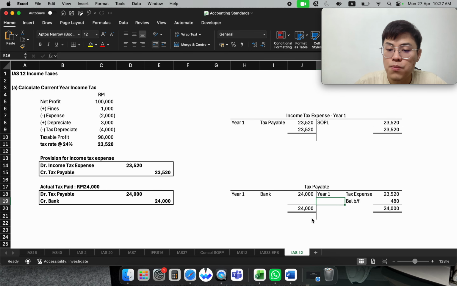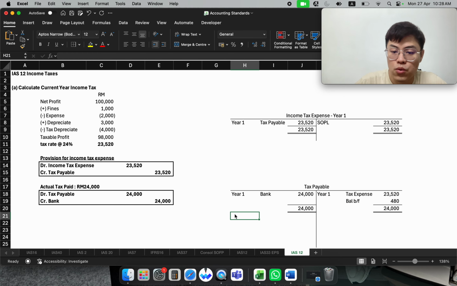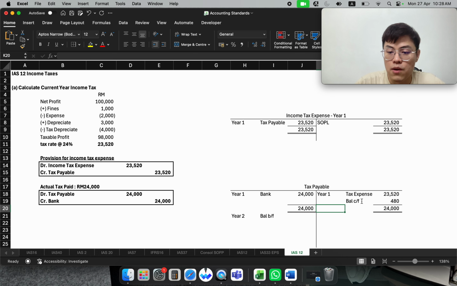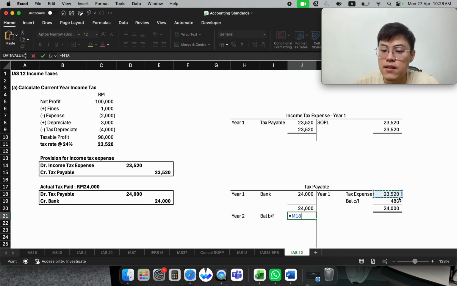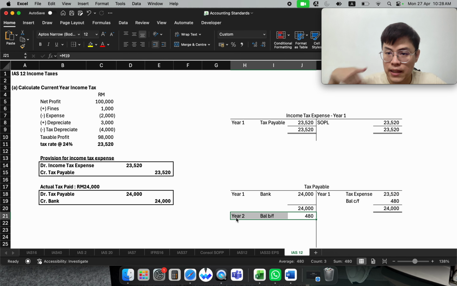When you bring the balance forward to year 2, you will start off with 480, which is related to last year.